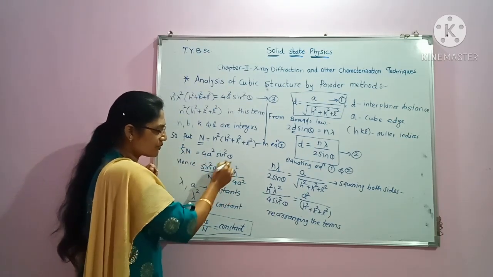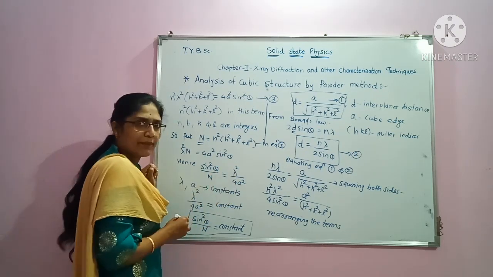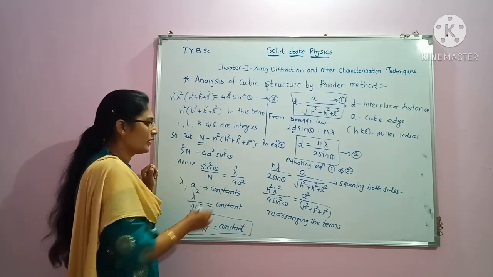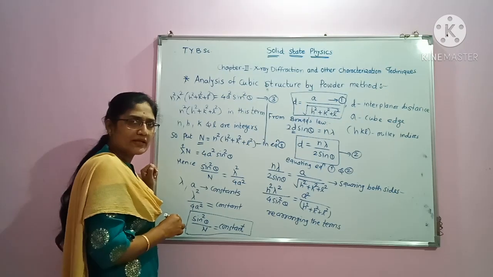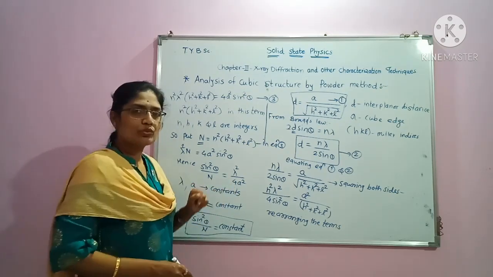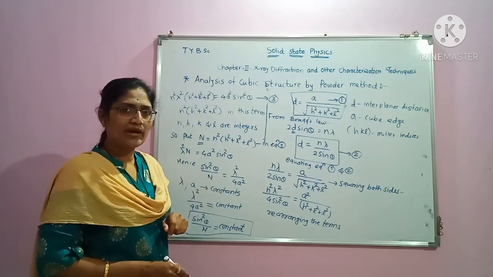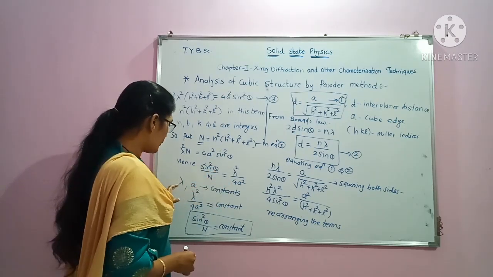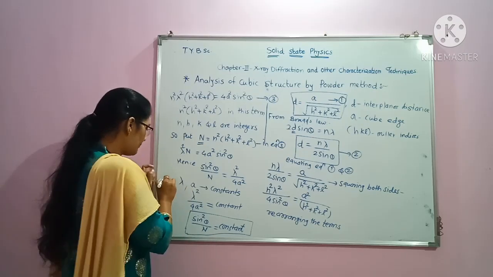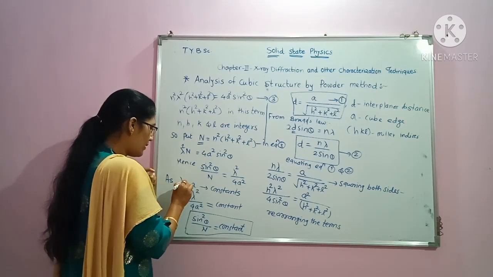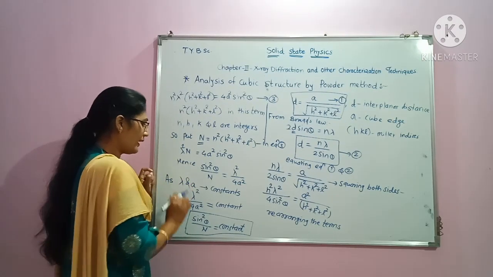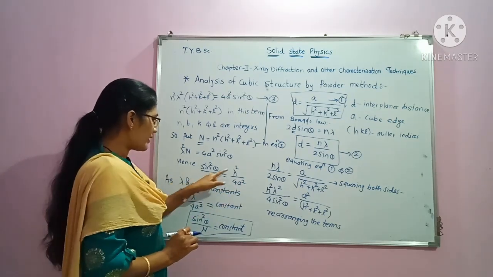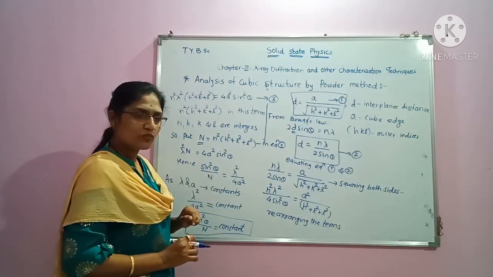But if we observe this term, then lambda is constant. It is the wavelength of the monochromatic X-ray beam used. A is also constant because it is a cube edge, which is a constant. So this term is constant. As lambda and A are constants, lambda square upon 4a square becomes constant.